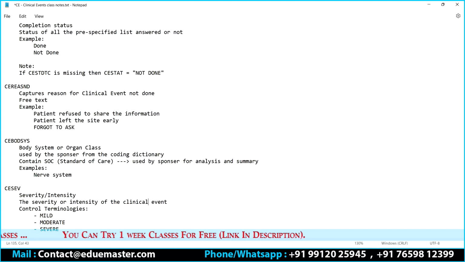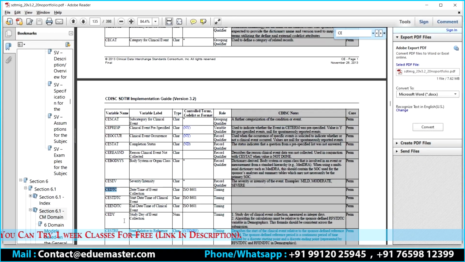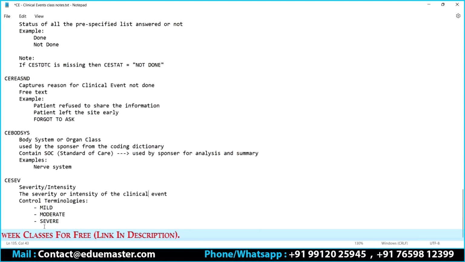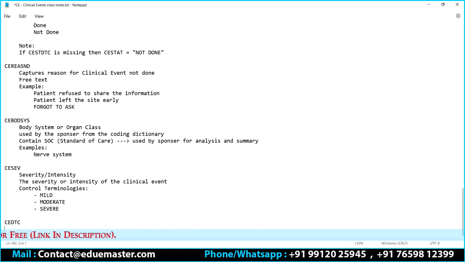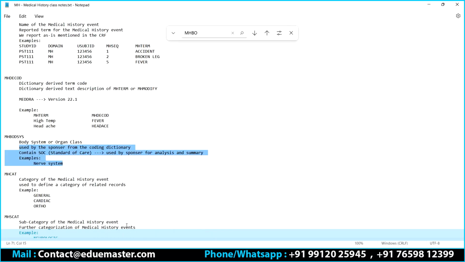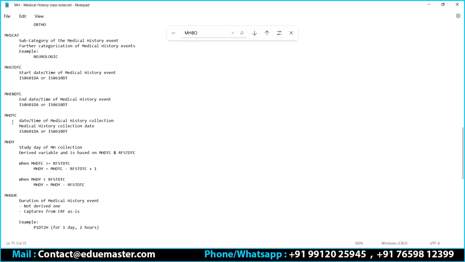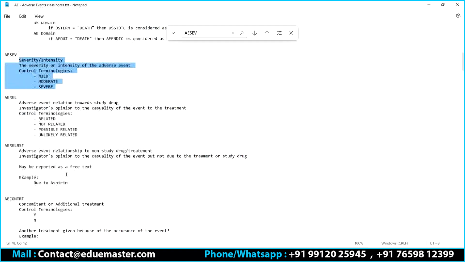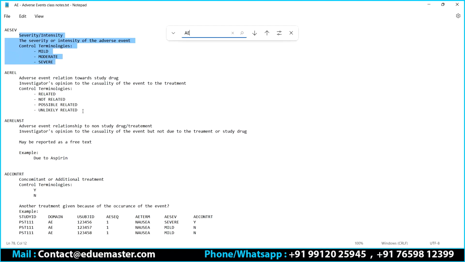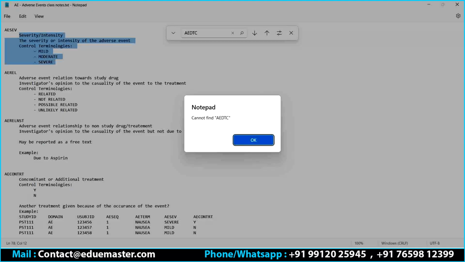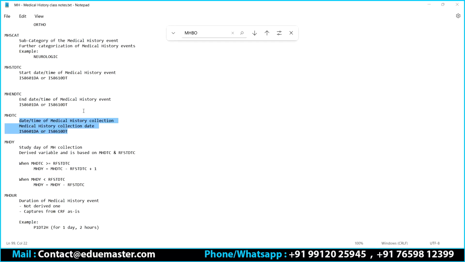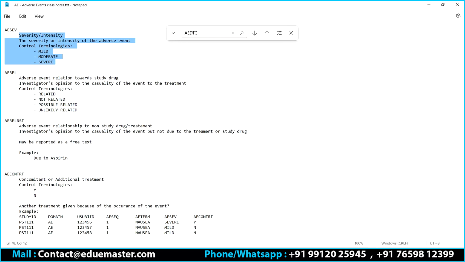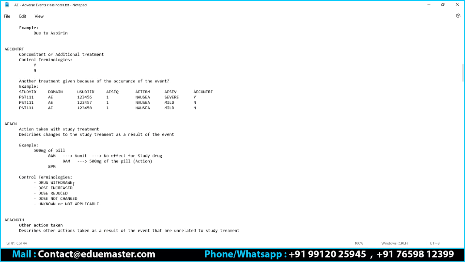What else do we have? Then we have CEDTC. Date of collection. It is there everywhere. CEDTC is nothing but, if you go to medical history, you have MHDTC. Correct? If you go to your AE, you have AEDTC. Here we have multiple things. For AE, you have multiple things, right? You are going to calculate start day, AESTDY.